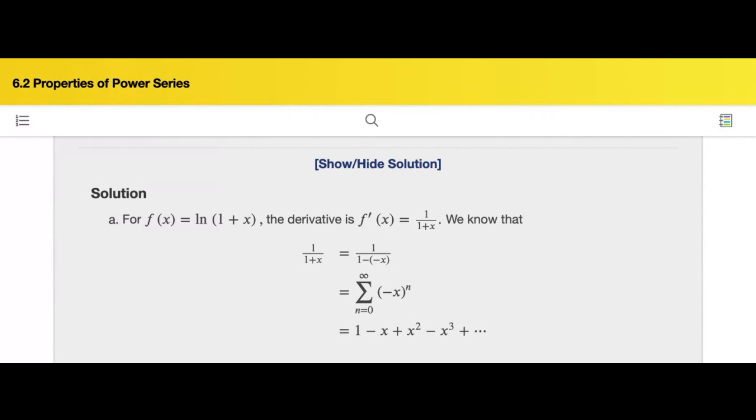Then we see the first term is 1 in the geometric series, and the ratio is negative x. And that can be represented as a power series of negative x raised to n, for n from 0 to infinity. Because again, we want the first term to be 1. So for the first term to be 1, we want n to start with 0. Anything raised to 0, that's 1.